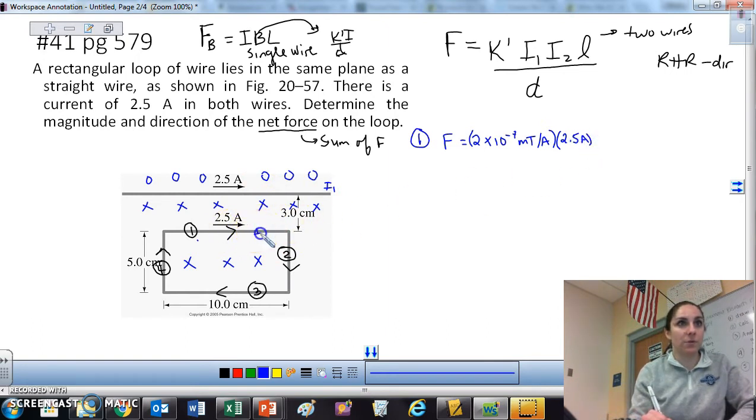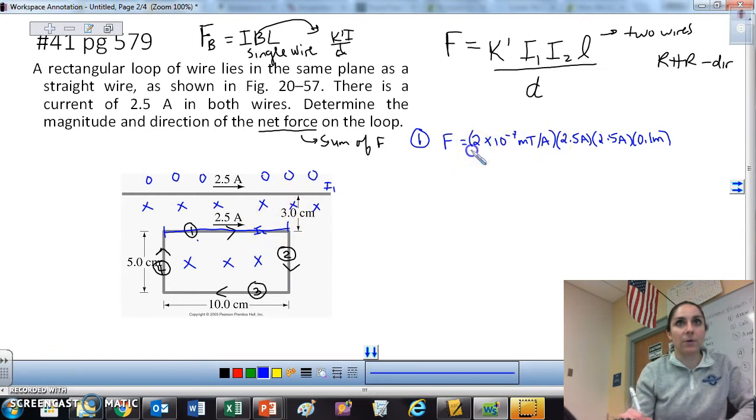I2, I'll call this one, this whole loop of wire, which happens to be 2.5 amps. Now when it comes to the length of the wire, that is the length of the wire that's present in the magnetic field. So it's not this one, it's this wire, because this is inside the magnetic field. So the length of section 1 is 10 centimeters, so that's where this number goes. Now the distance between these two wires in this case is 3 centimeters.